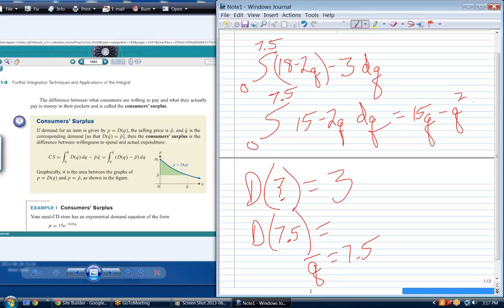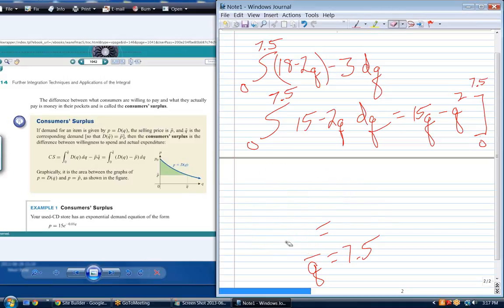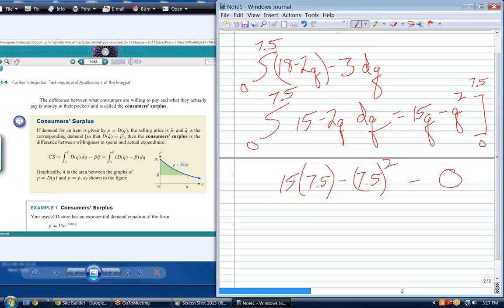So here's my integral, and I'm going to evaluate it between 0 and 7.5. So I've got 15 times 7.5 minus 7.5 squared, minus 0, because when I substitute 0 for both of these, I get 0.